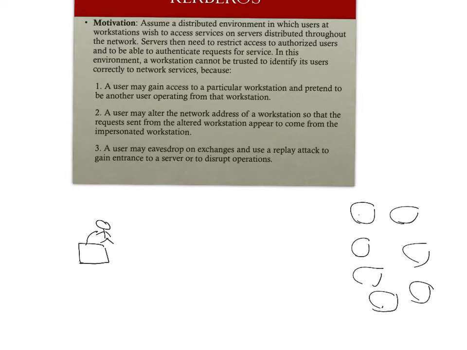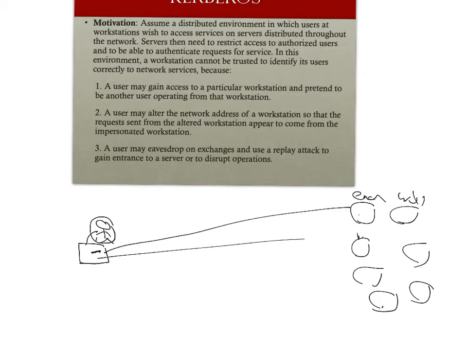This server might be an email server, this is web, this is Blackboard, whatever services. The legitimate access is that this is a legitimate user using his user authentication to log on to your laptop, for example, or your workstation, to gain access to these services on the servers, right?